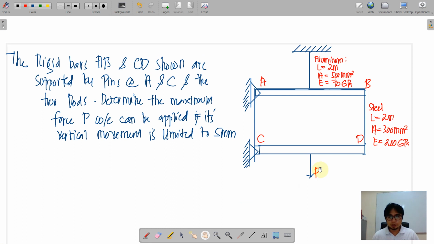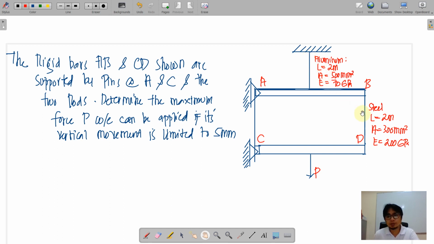Okay, so let us consider this problem here. We have two rigid bars, AB and CD, shown, supported by pins at A and at C, and by these two rods. AB and CD are connected by a steel rod, and the upper bar is also supported by a suspended aluminum bar.